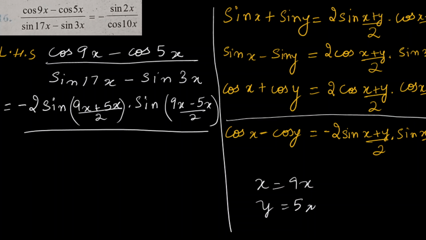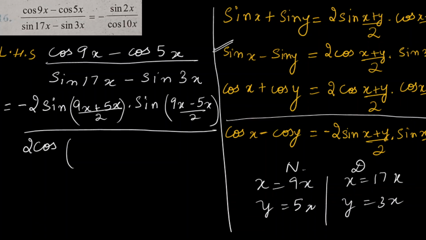The denominator is sine 17x minus sine 3x. This is the second formula, sine x minus sine y, so I substitute 2 cos (x plus y) by 2 into sine (x minus y) by 2. Here x is 17x and y is 3x.